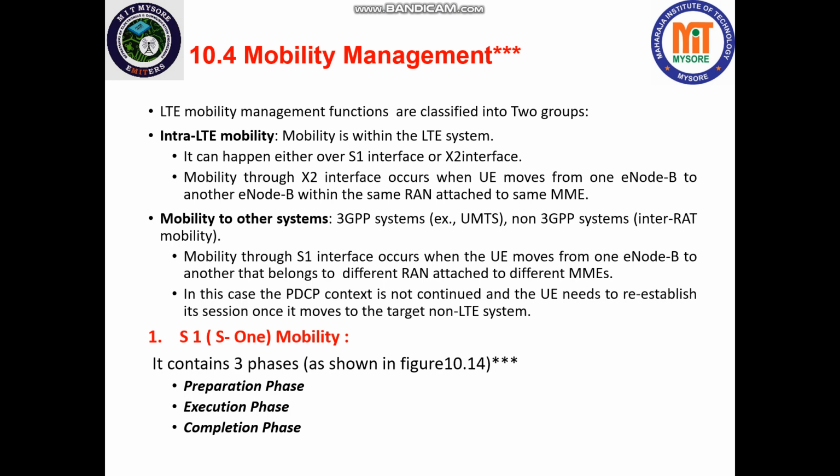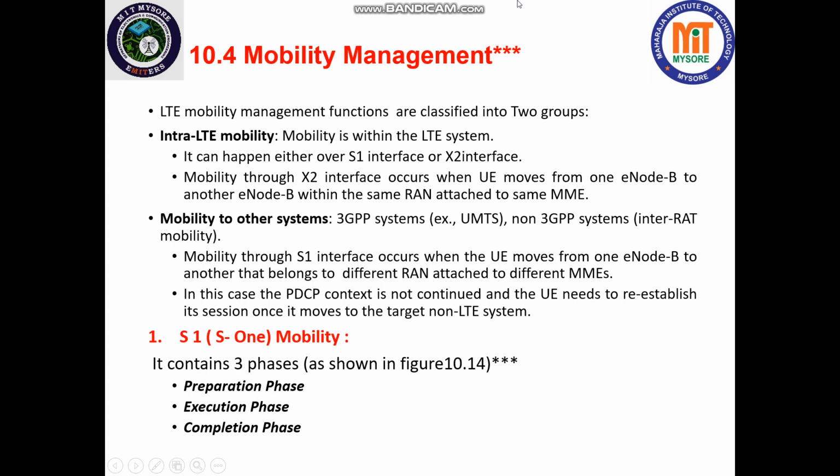So this process will be maintained or monitored by the mobility management entity. Okay, all these things will happen through the mobility management entity. So why is it required? It is required so as to manage the resources when you are moving from one place to another place.